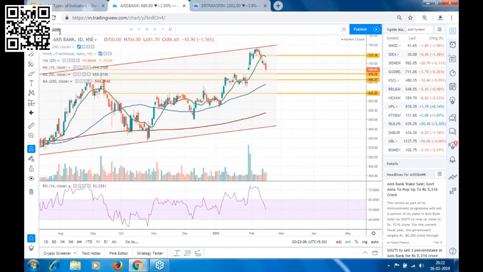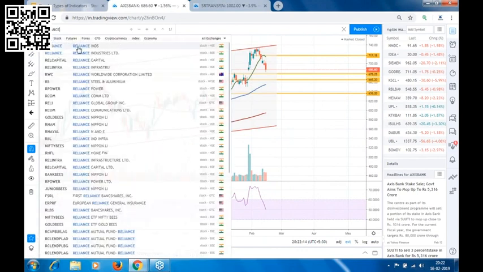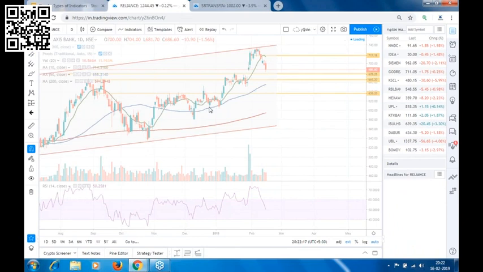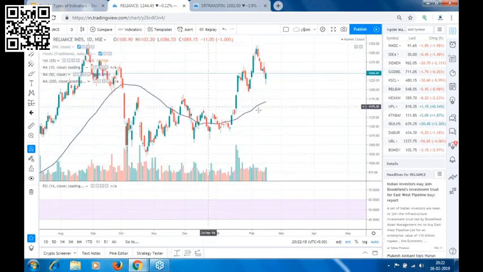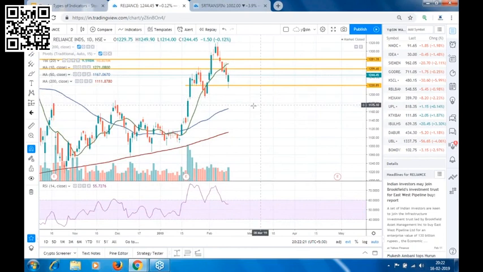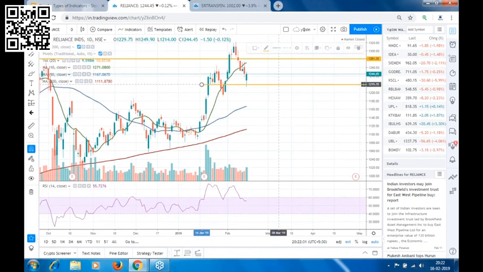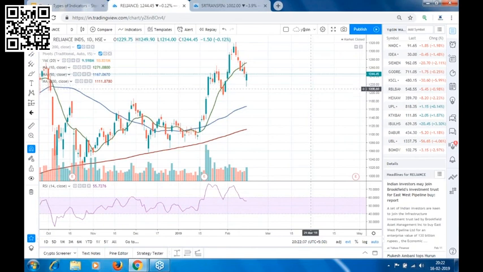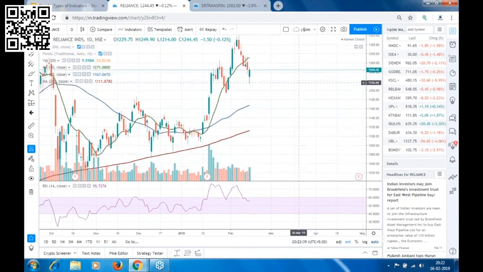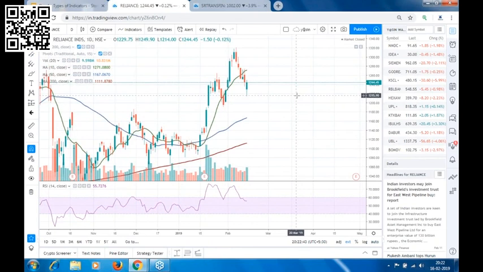Now another stock that we will look at is Reliance. Reliance, I don't see a trade right now in Reliance.